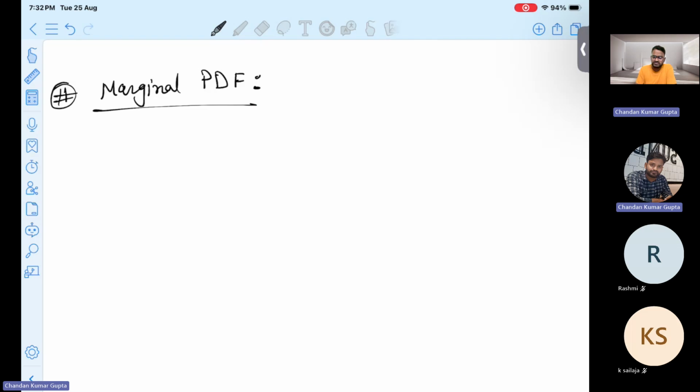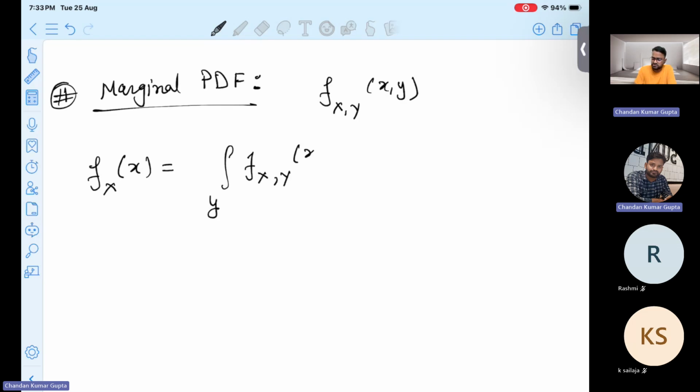Obviously, suppose we are given f(x,y), a joint probability density function of the random variables X and Y. Then the marginal PDF of the random variable X we define by taking the support of the Y random variable and integrating this joint density with respect to y, obviously.